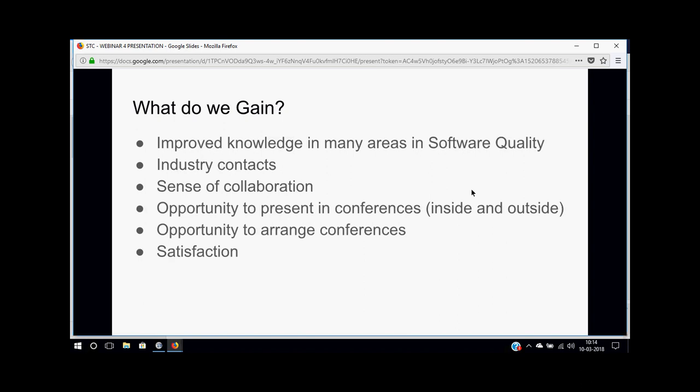And of course, we have the opportunity to present in conferences. Any member of this community has the opportunity to talk about anything in the technology field within the purview of smart testing, software quality, inside a conference.